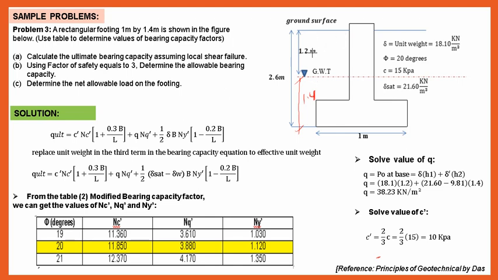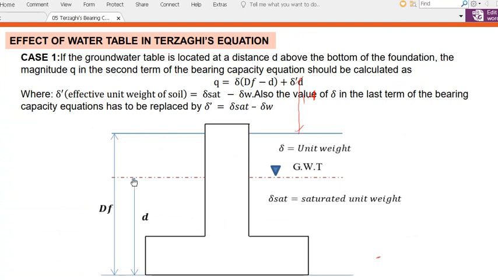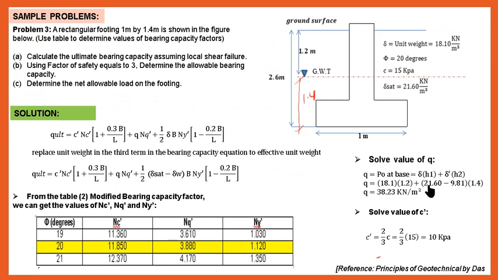So, 1.2 is our value here, and for the H2, which is the D, it is 1.4. So, this is our D from the groundwater from the bottom, and this is DF minus D. Since the surface to the groundwater is given as 1.2, we substituted 1.2 here in our equation.